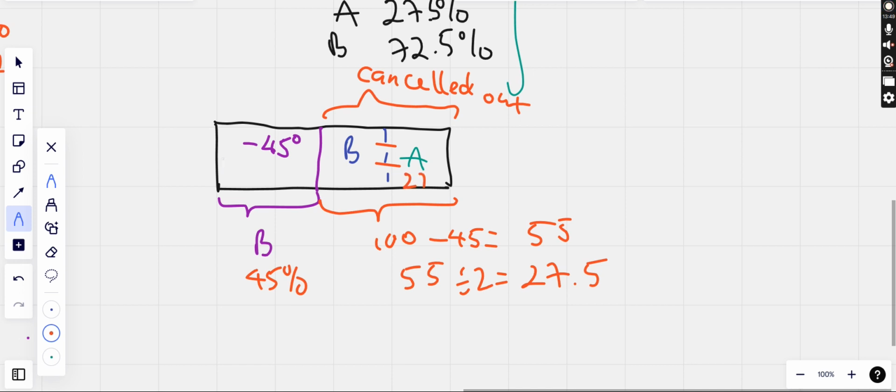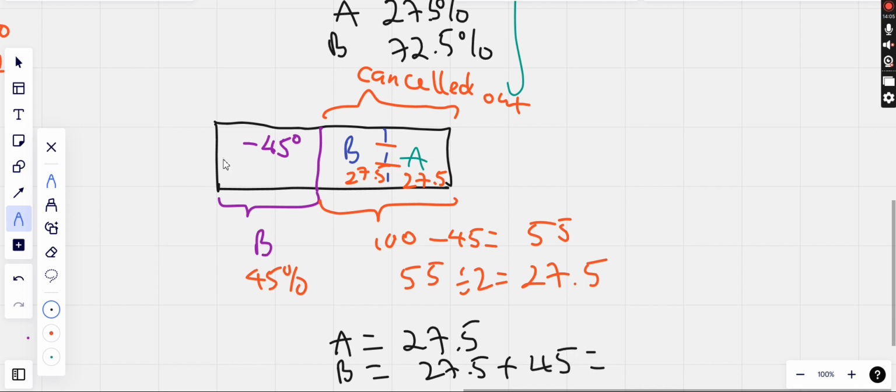So A here is 27.5, B here is 27.5, and B in total is 27.5 plus 45. You get back the same answer, 72.5%.